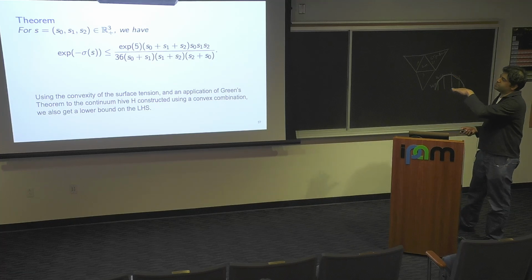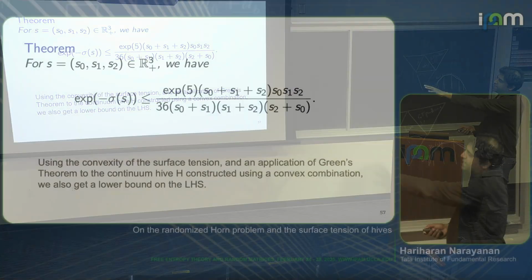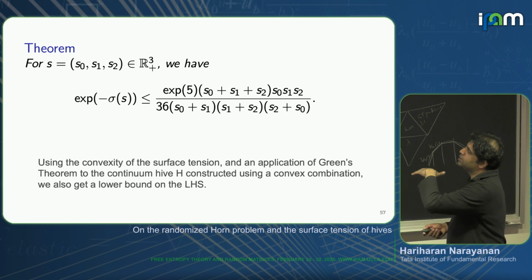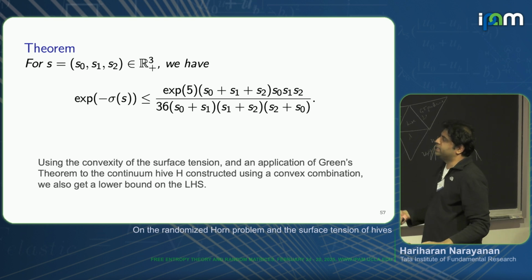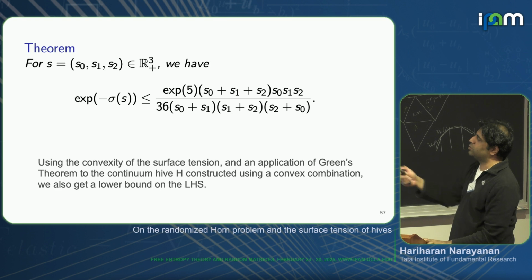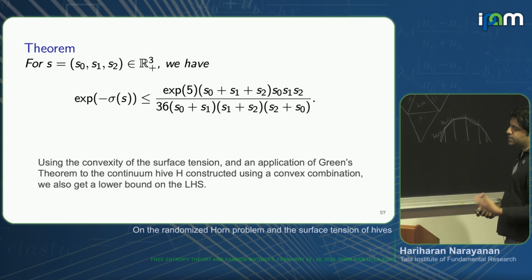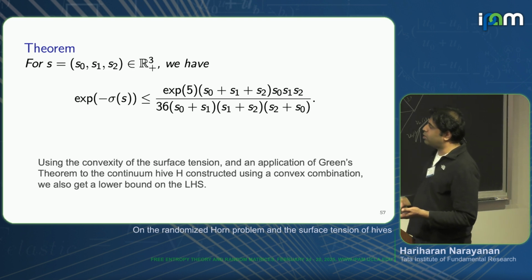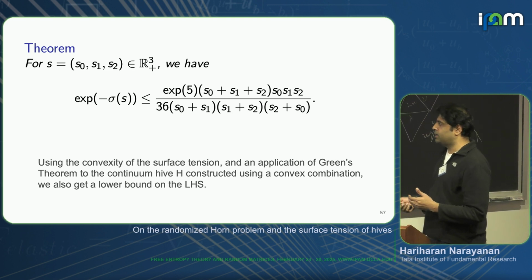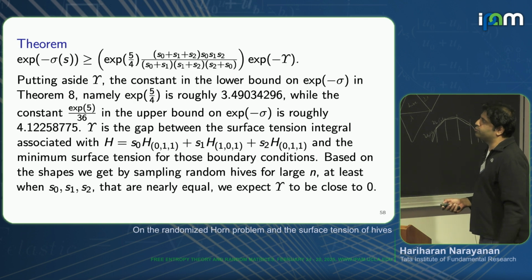So what you get by just putting a quadratic hive in that continuum hive in that situation is an upper bound on e raised to minus the surface tension of this form. And then some similar arguments also give lower bounds, but this is now up to a factor that we don't have good control over.